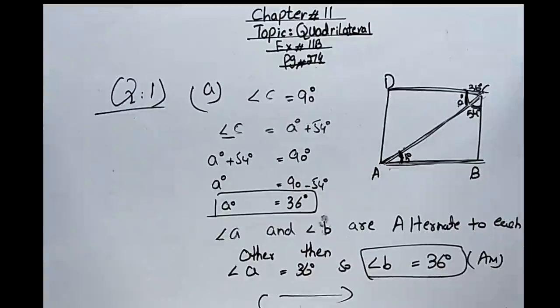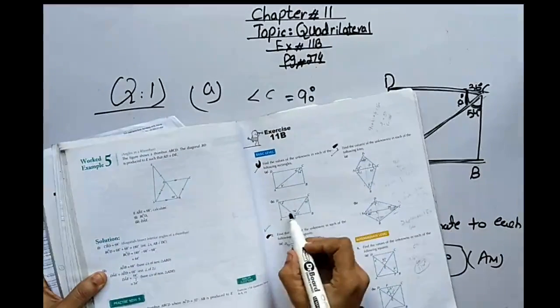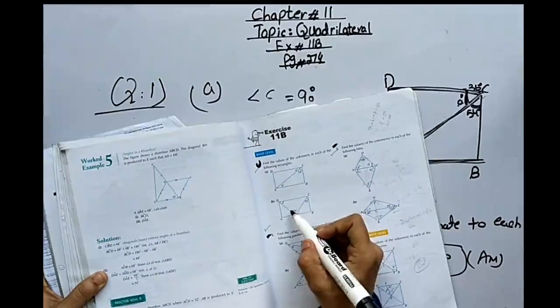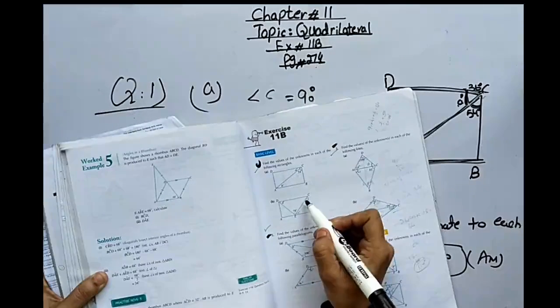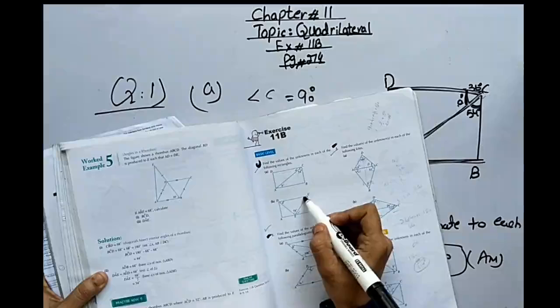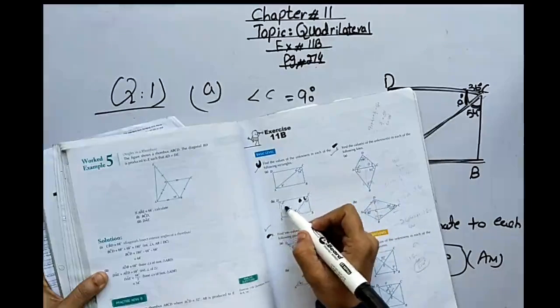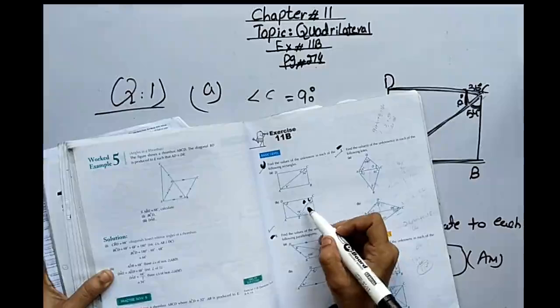Okay, the next part is your homework. They are saying that D and C are unknown angles, and you suppose this angle, 39, is A degrees. First you will find the angle A. Then look here, this shape is a triangle.